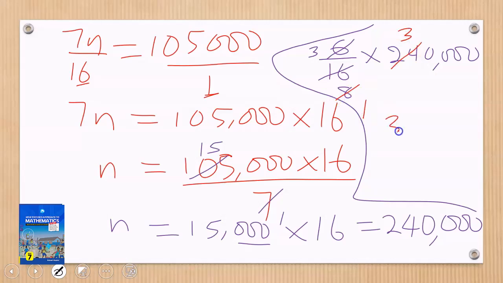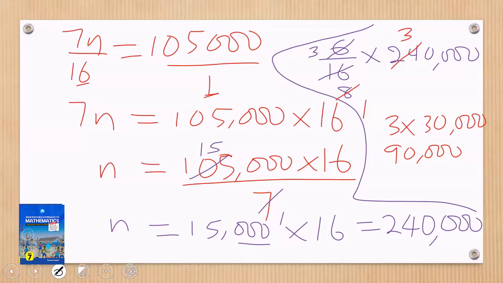So I have 3 times 3 zeros, which is 30,000. So 30,000 times 3 will be 90,000. Now, what it means is that Abba, with her ratio of 6, will receive 90,000.